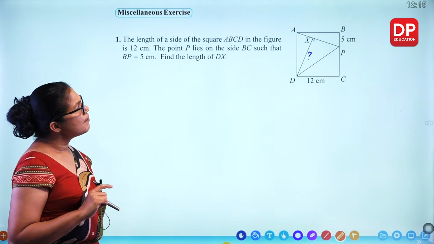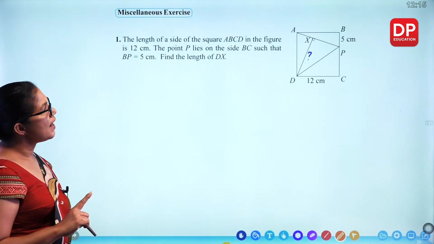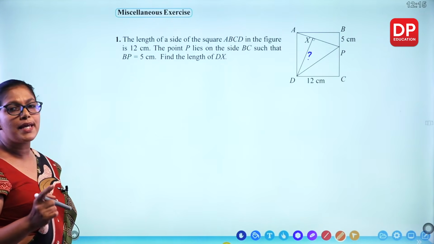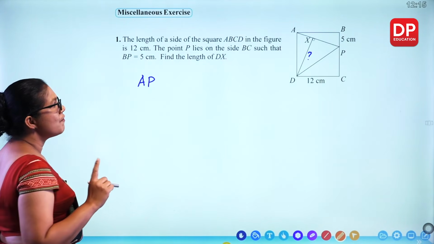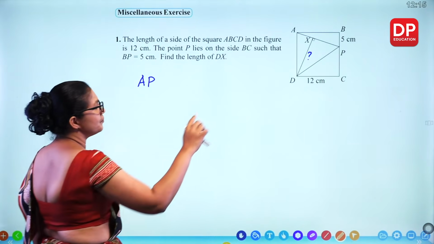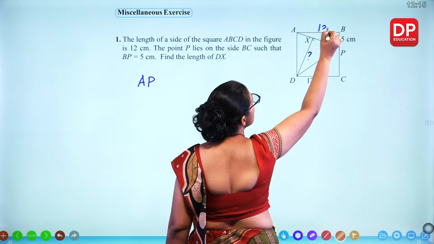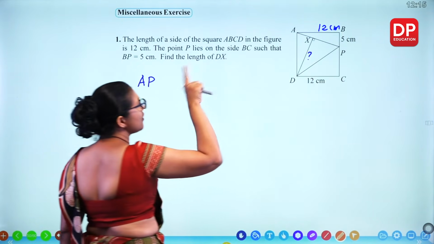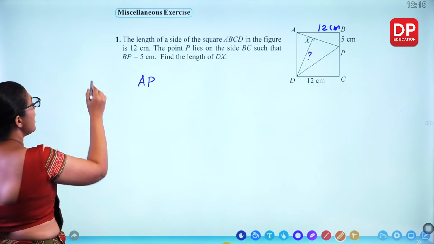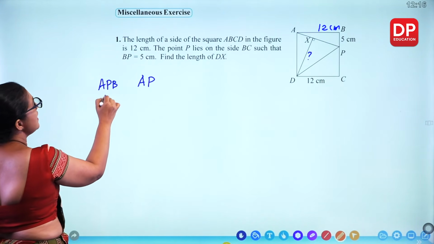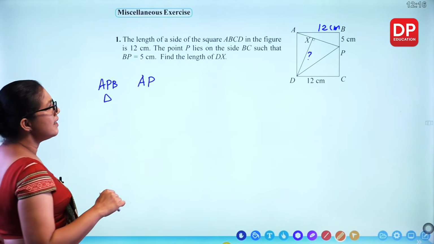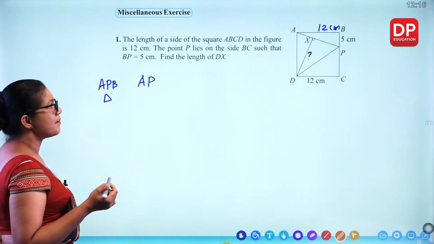Before we find out DX, we need to find out the length AP. How can we find out AP length? We know this is 12, that means this is also 12. Look at the APB triangle. It's a right angle triangle. We can use Pythagoras theorem.